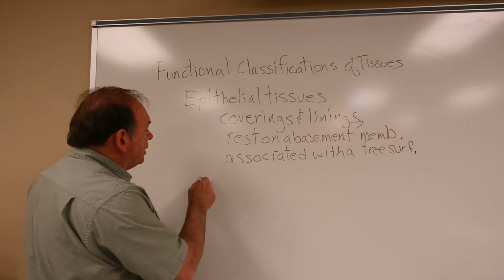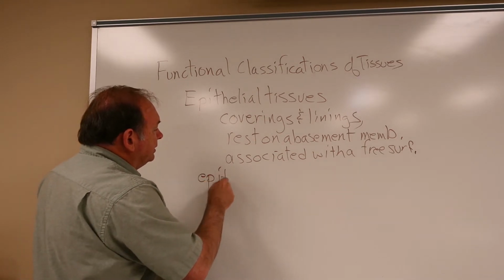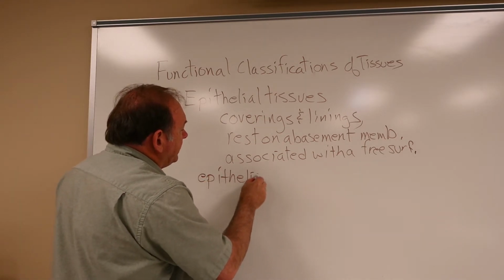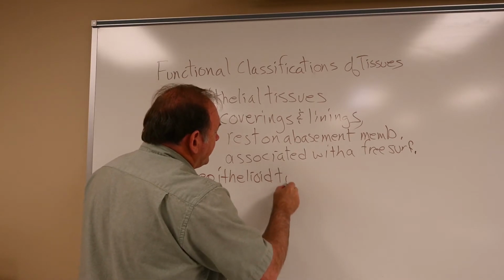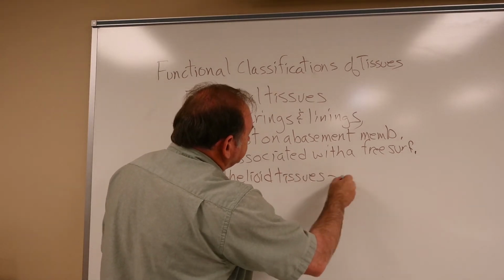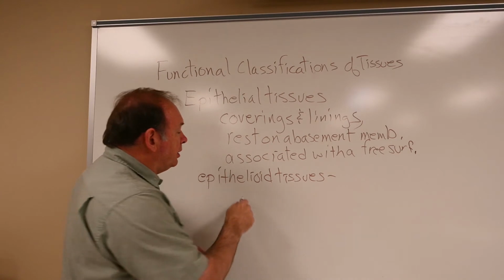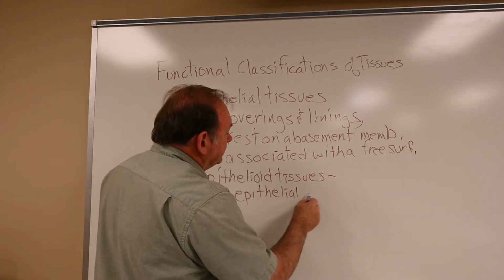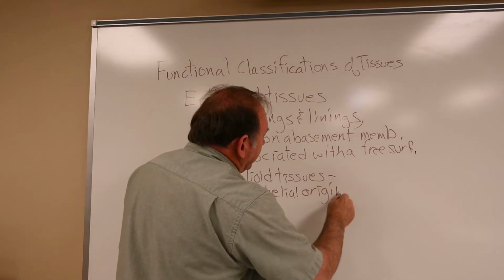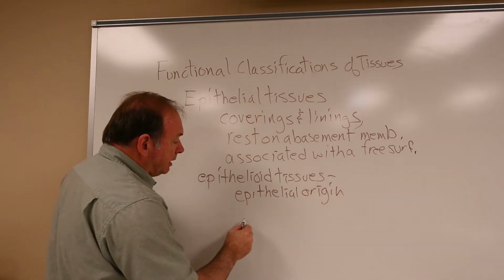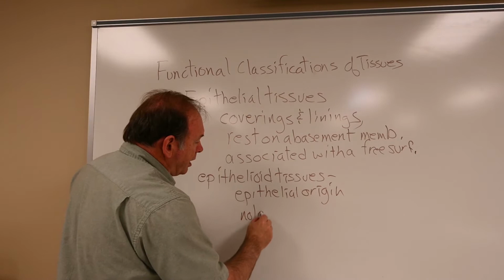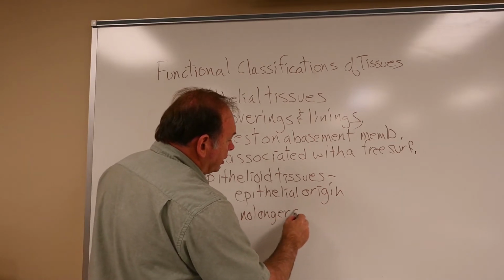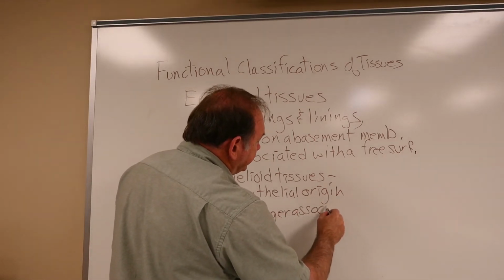In that case, we call them epithelioid tissues. They had an epithelial origin. They were part of an epithelium, no longer associated with the free surface.